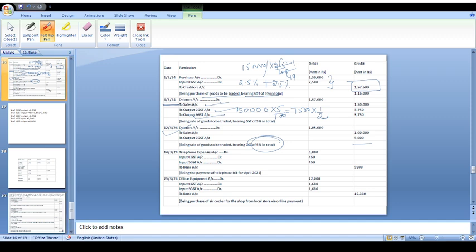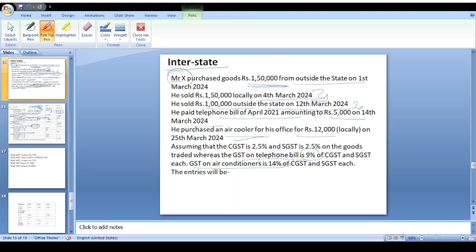What is the difference? When he purchases goods from outside, then total GST will be taken, meaning CGST plus SGST both will be added, and that will be calculated on purchase or sale.